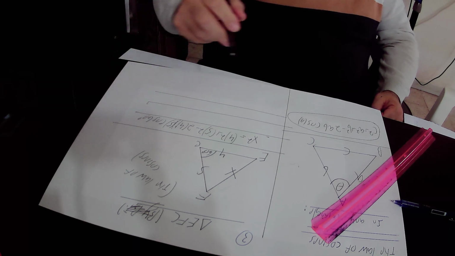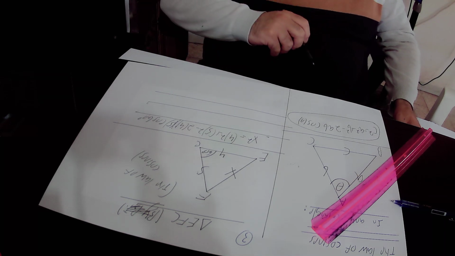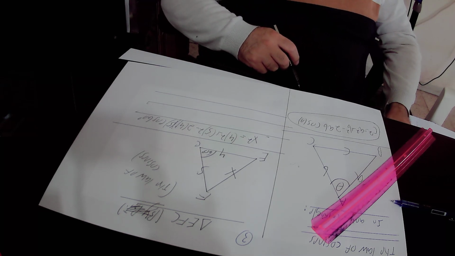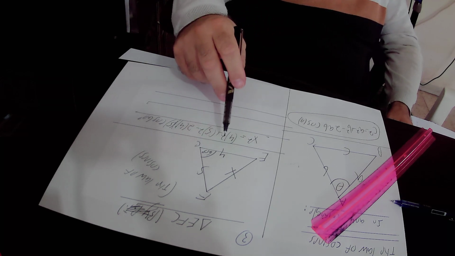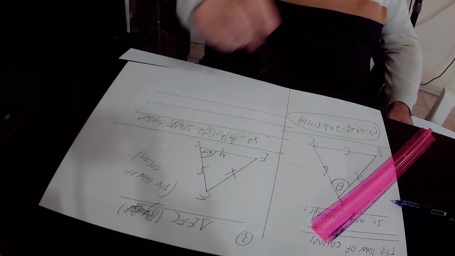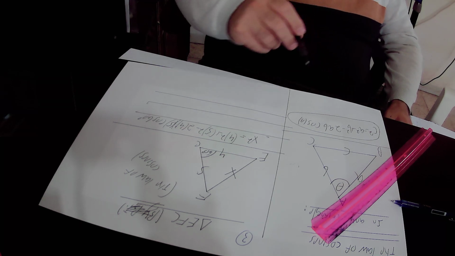This equation is the implementation of the law of cosines in this triangle EFC.